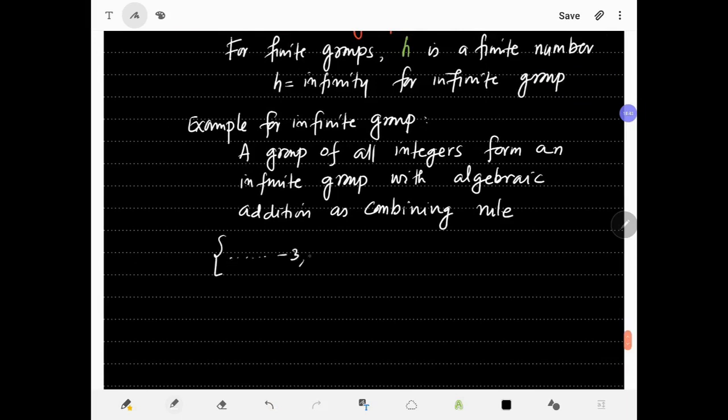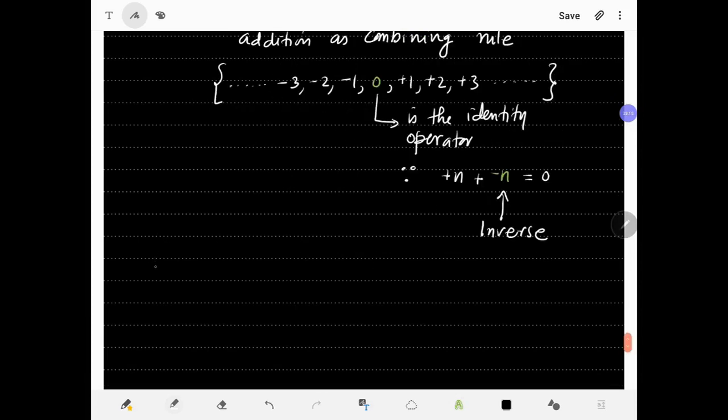That is from minus infinity to minus 3, minus 2, 0, plus 1, plus 2, plus 3, etc. up to infinity, and the combining rule is algebraic addition.